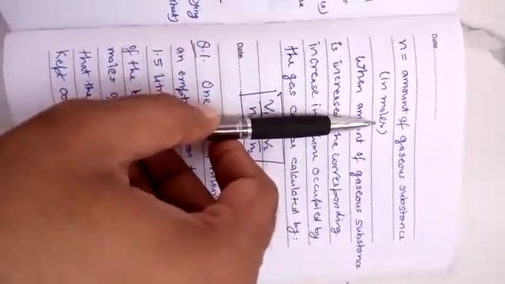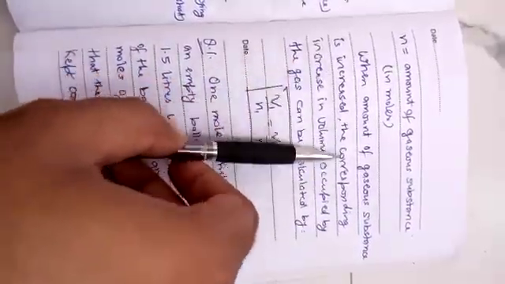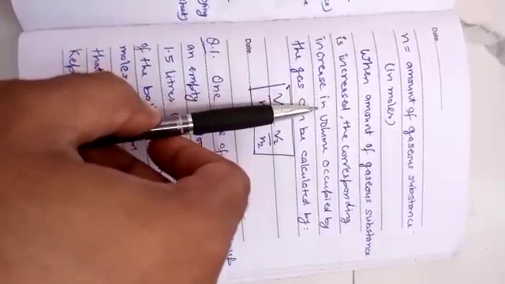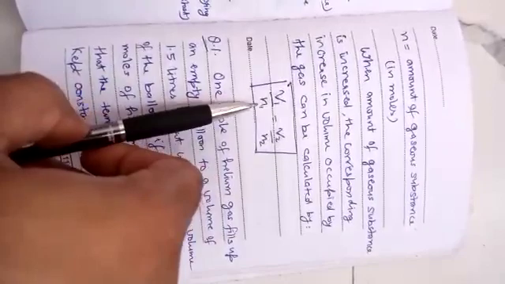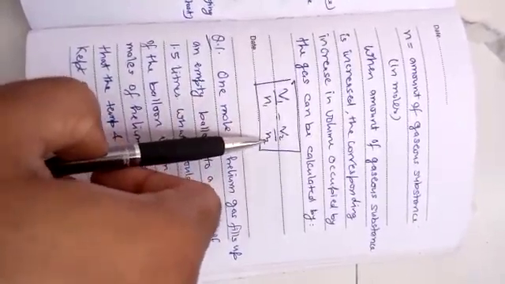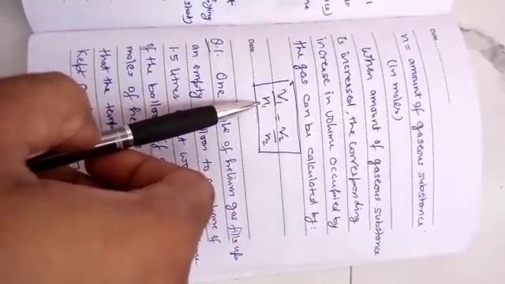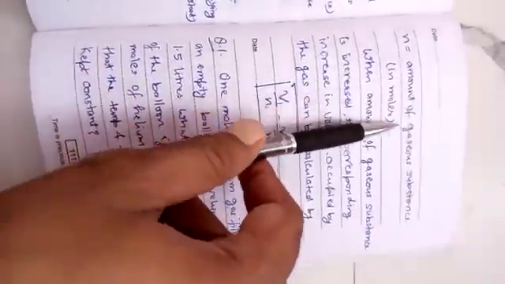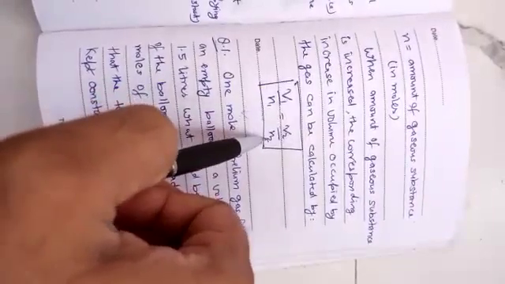Now, when the amount of gaseous substance is increased, the corresponding increase in volume occupied by the gas can be calculated by V1 upon n1 is equal to V2 upon n2, where V1 is the initial volume of the gas and n1 is the initial amount of gaseous substance in moles, is equal to V2, the final volume of the gas, divided by n2, the final amount of gaseous substance in moles.